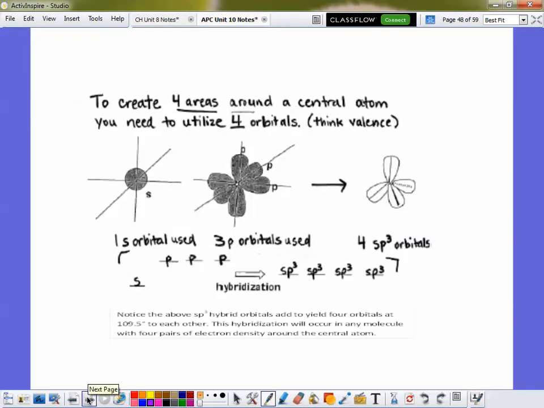If we wanted to create 4 areas of electron density, that would be a tetrahedral molecule, in the tetrahedral family. So we're not even talking about lone pairs and stuff like that. We still have 4 areas of electron density around a central atom. We need 4 orbitals. So think about the valence electrons. To use 4 orbitals, we're going to use 1 s orbital and 3 p orbitals.